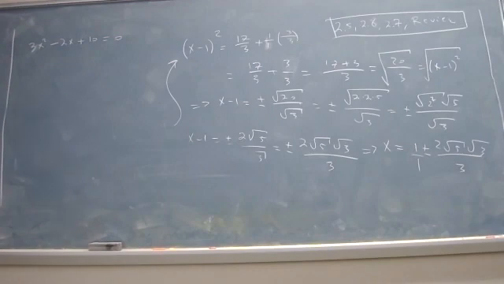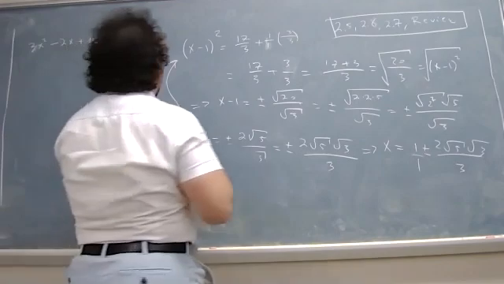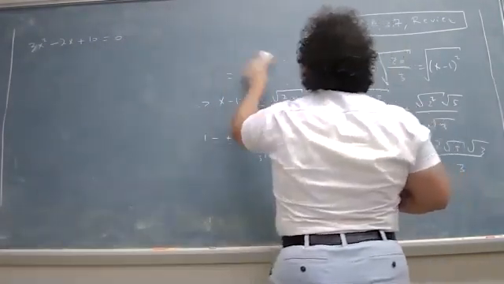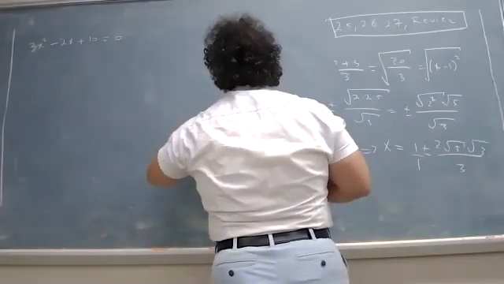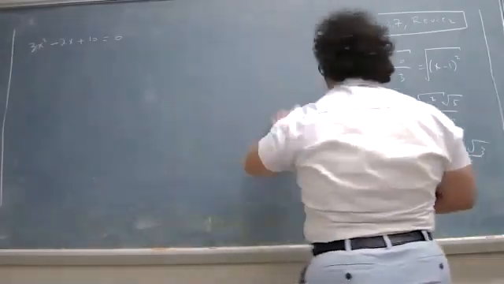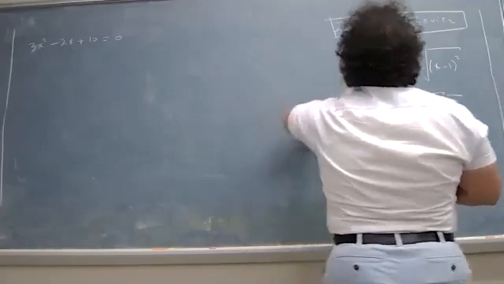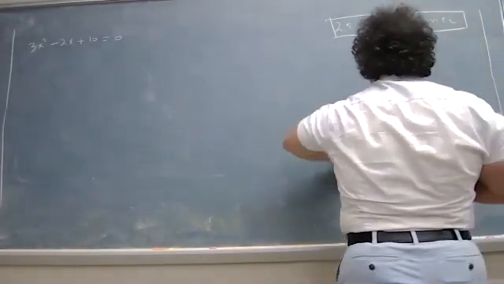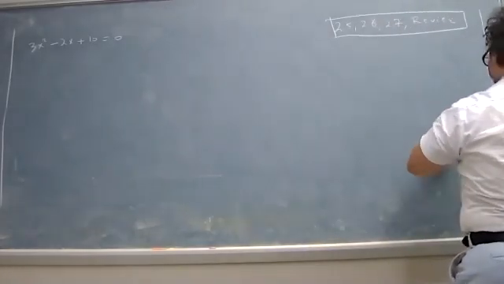This is very hard to factor. And of course, we could use completion of the square. Completion of the square always works. Factoring doesn't always work. It's very difficult to factor all the time. But we have another tool in our arsenal, another weapon in our arsenal, and that's the quadratic formula.